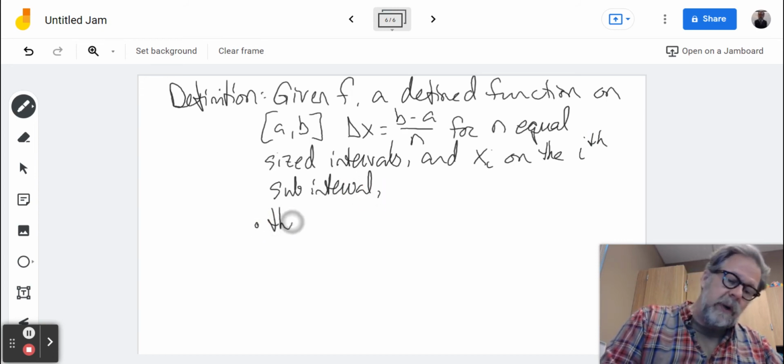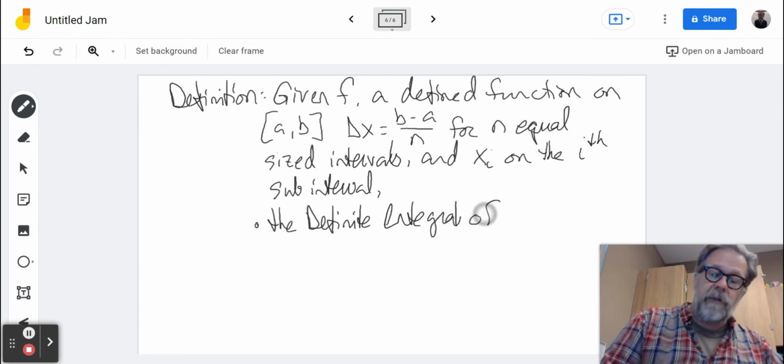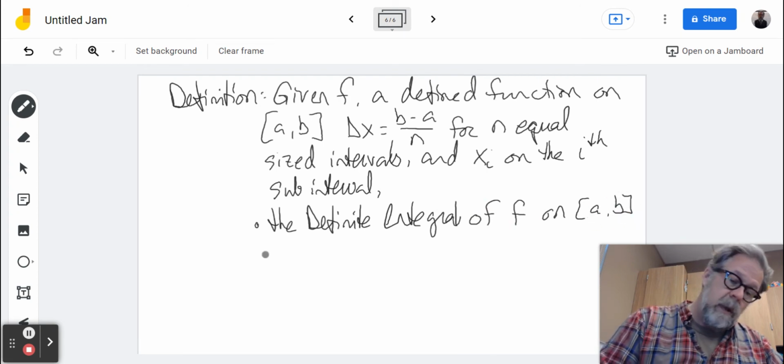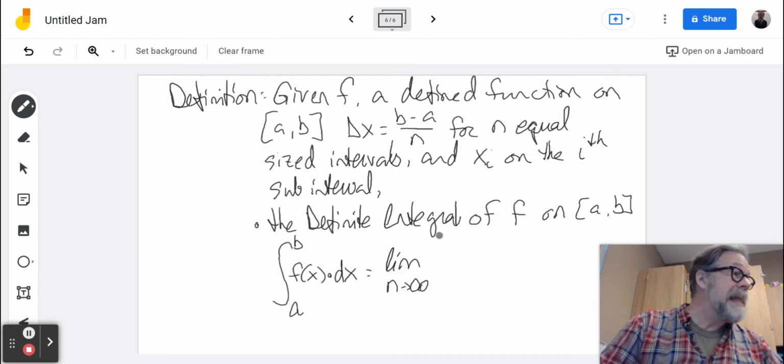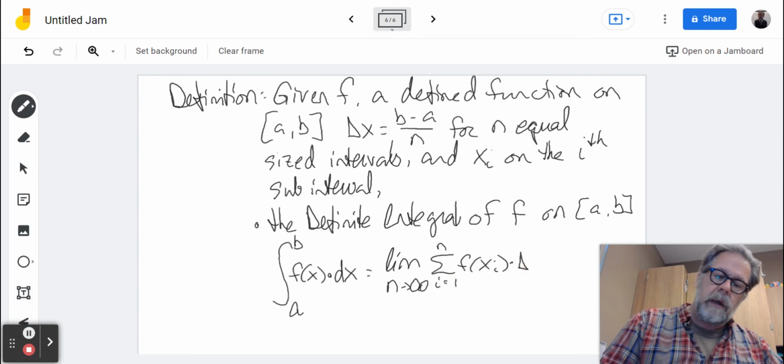The definite integral of f on AB, and this is how we write the notation of the definite integral, is equal to the Riemann sum, the limit as n goes to infinity of the sum from I equals 1 to n of f of x sub I delta x.